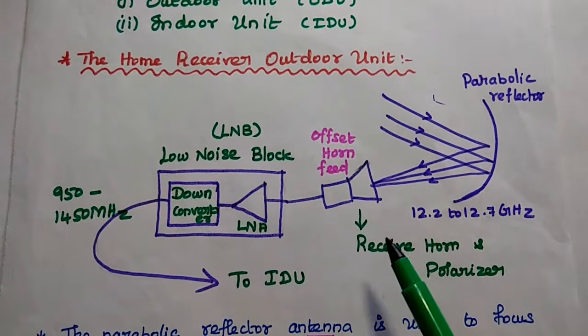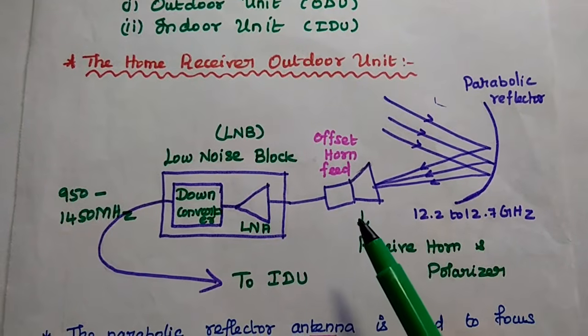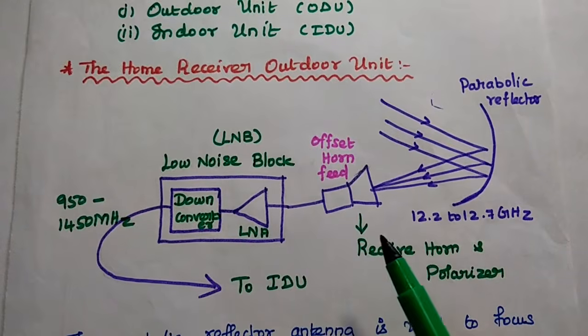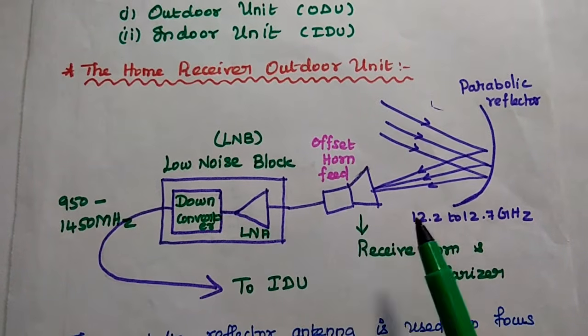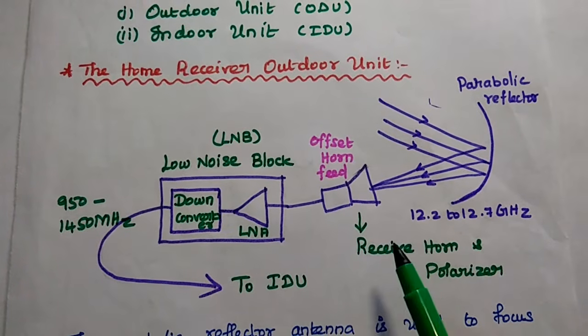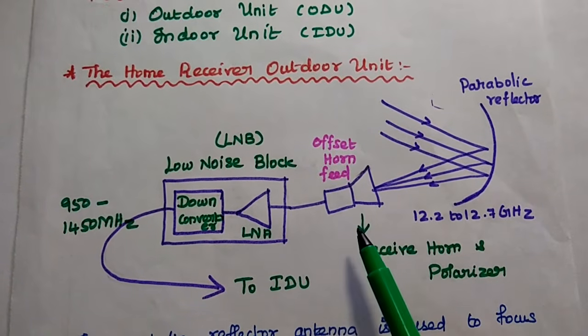Here the horn feeds the signal into the polarizer. In this satellite system, we can have two kinds of polarization. One is left hand circular polarization, another one is right hand circular polarization, especially for TV signals. We have to select a particular polarization at this point.